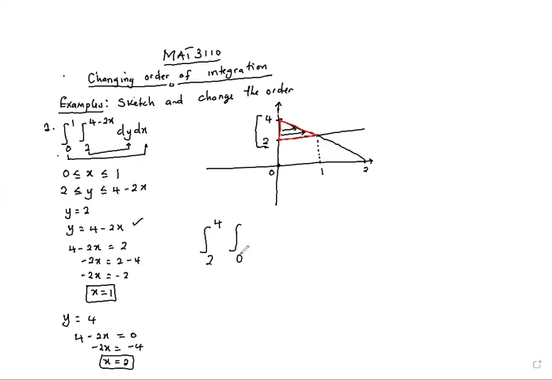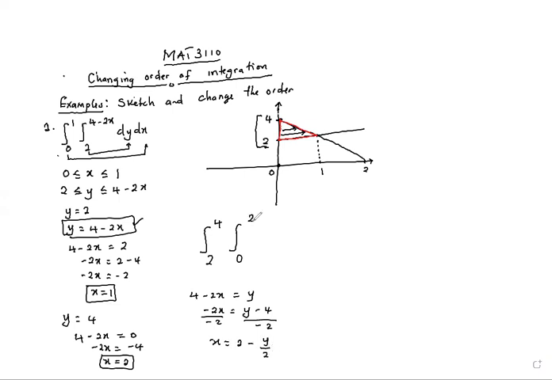To this line. But this line must now be a function in terms of x. So we are saying, okay, it will be 4 minus 2x equal to y, meaning minus 2x equal to y minus 4. Divide by negative 2, divide by negative 2. So we get x equal to 2 minus y over 2.